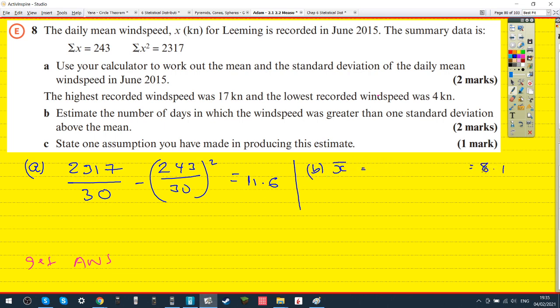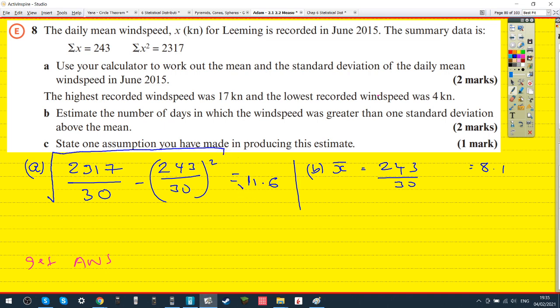So that's 8.1. And so, hang on. That is the variance. We need to square root that 11.6.